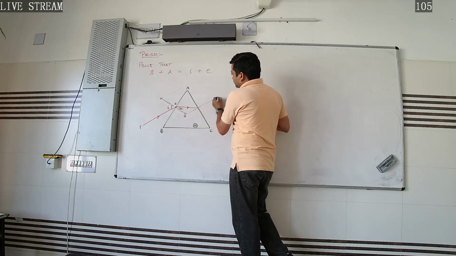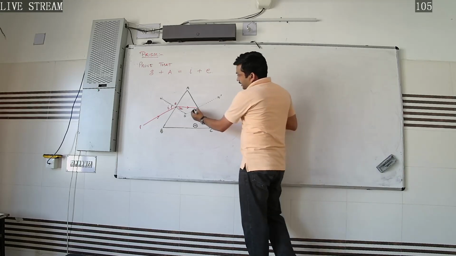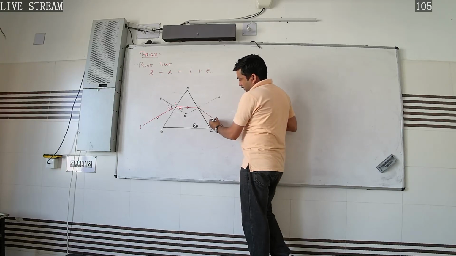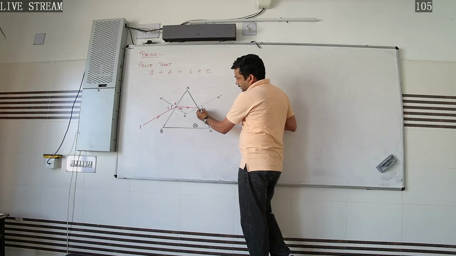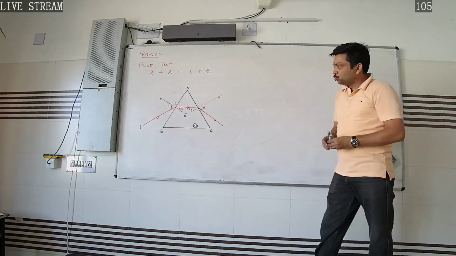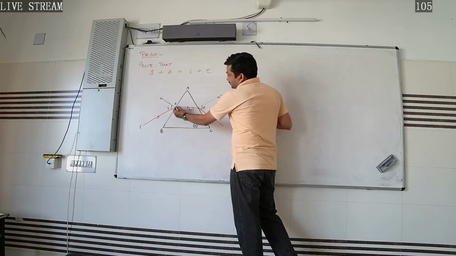Let us consider this normal is O and dash. Now, a ray of light as it goes from denser to rarer, it will move away from the normal. And let us consider this angle is the angle of emergence and this angle is the angle of refraction, what we say R2. Okay.